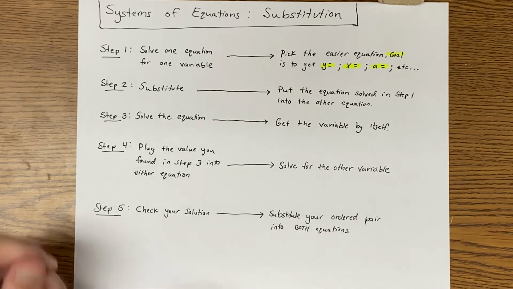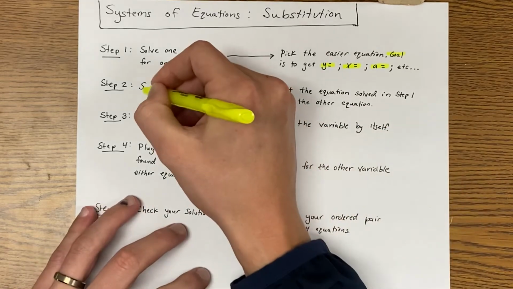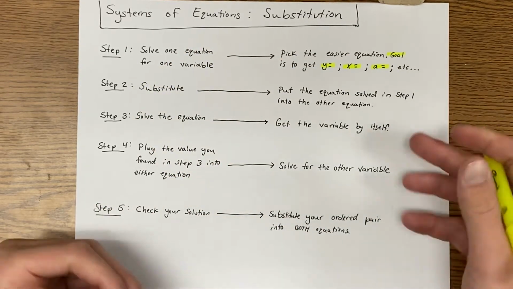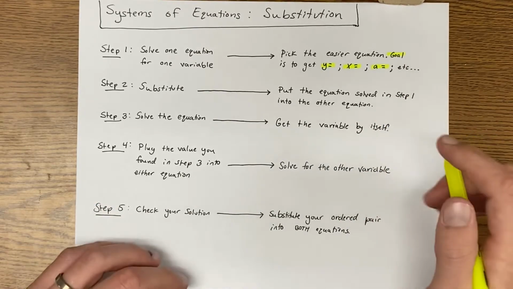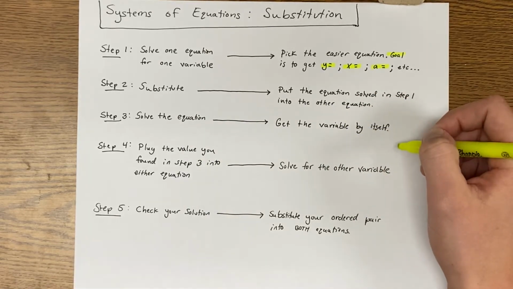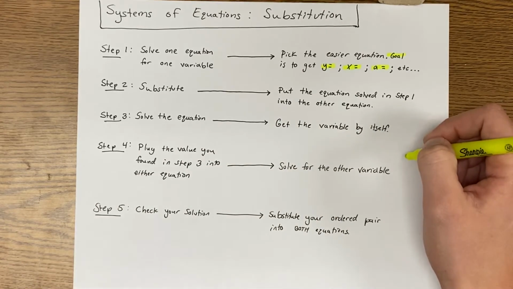And we're going to take that expression that x or y is equal to, and we're going to substitute that expression into the other equation. Okay, so it's going to make a little more sense here in just a minute when we look at some examples. But we put the equation solved in step 1 into the other equation. Then we're going to solve, and we'll get a variable by itself.